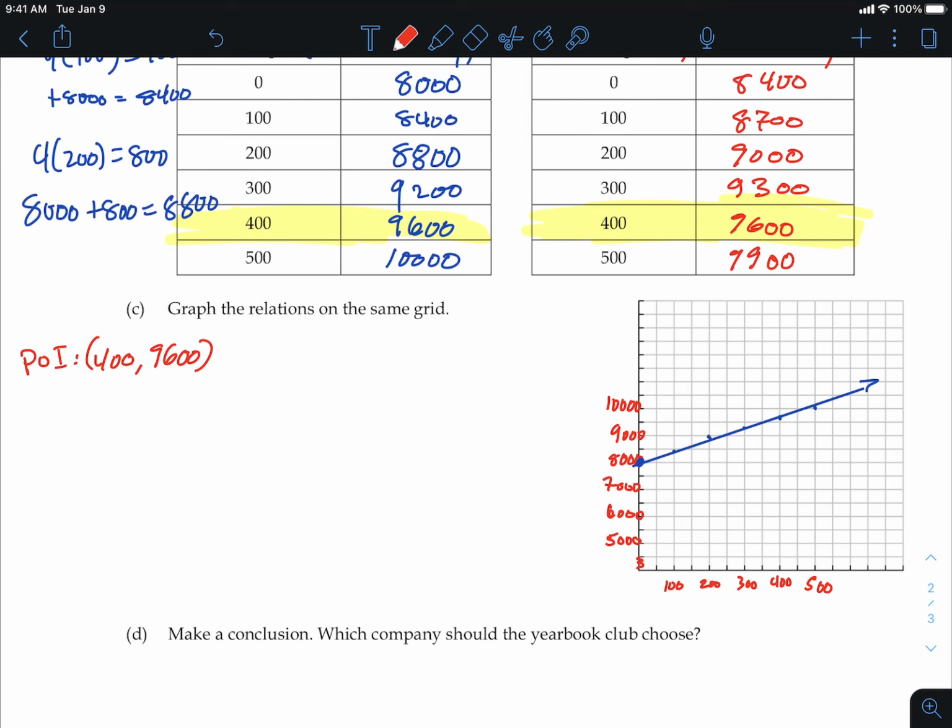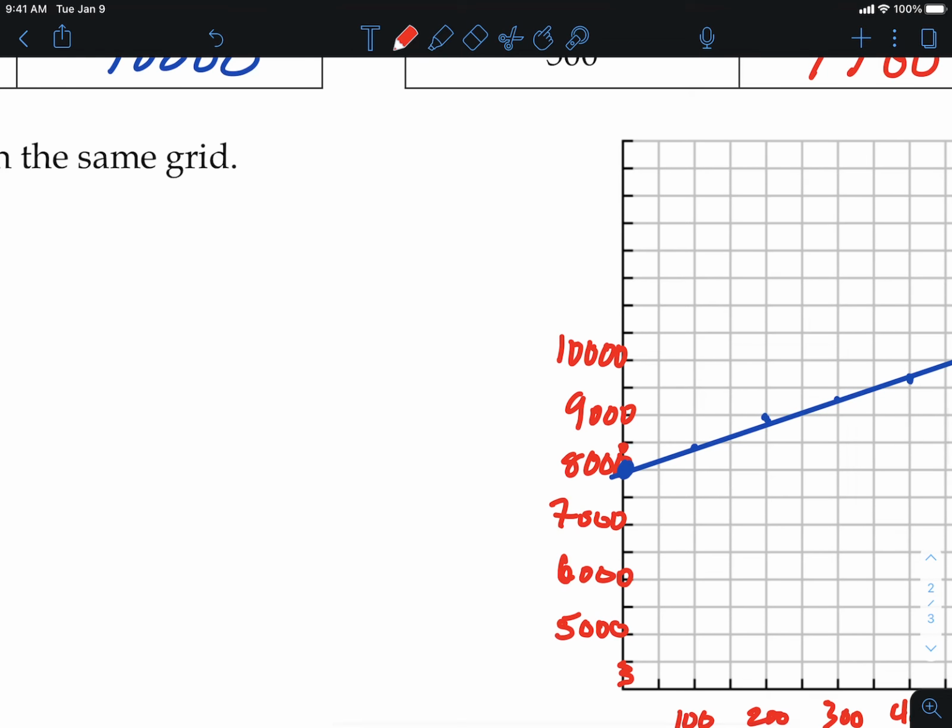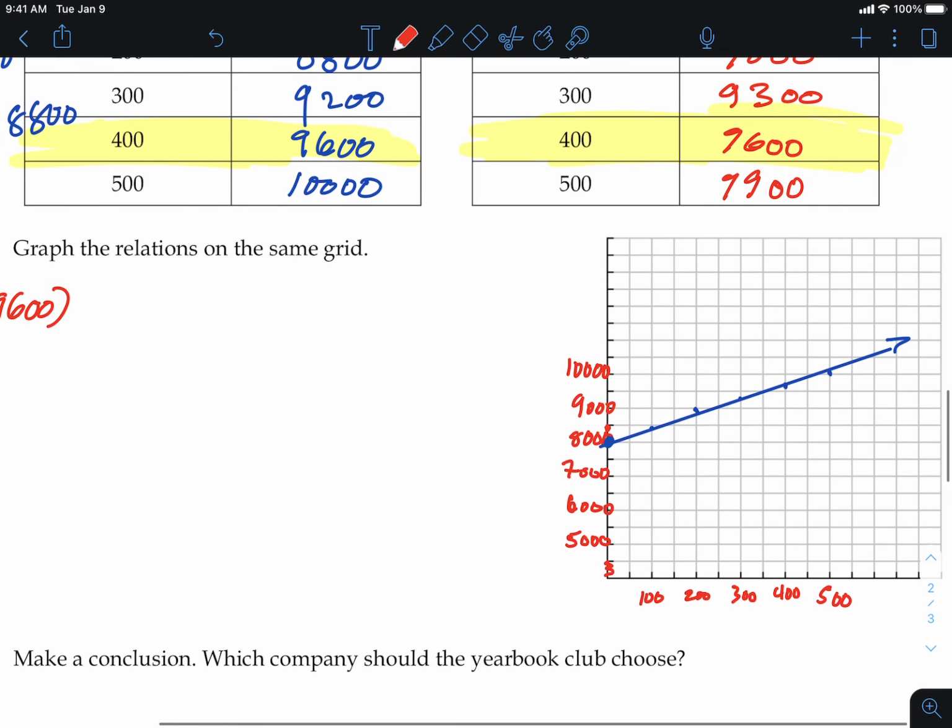You can do the same thing here. Oh, I started this in the wrong place. Oh no, I didn't. This one starts at 8,400. Goes up by threes, right?